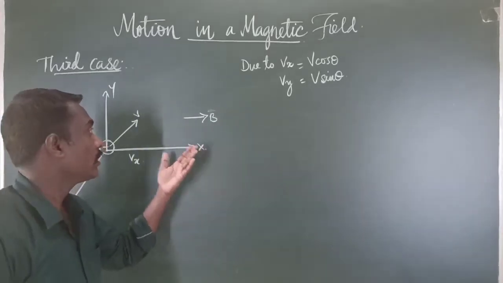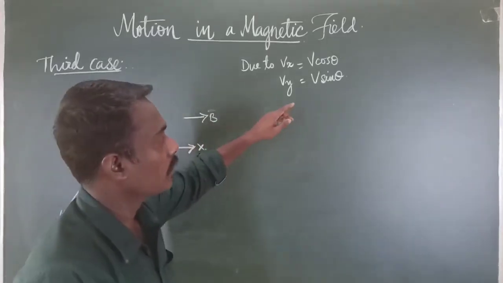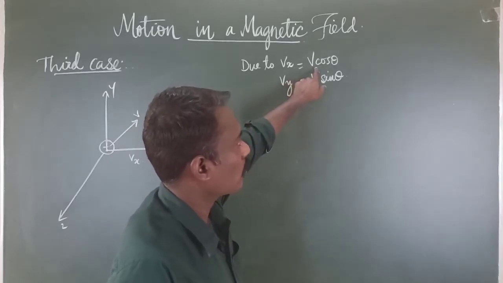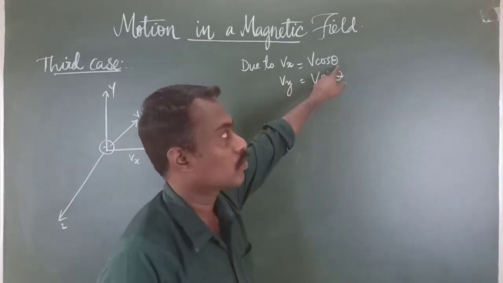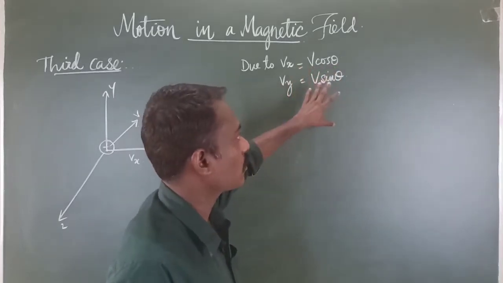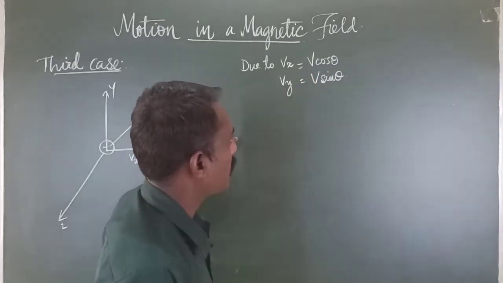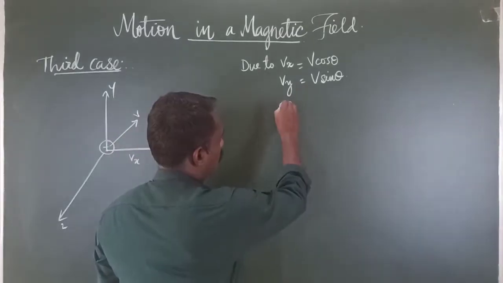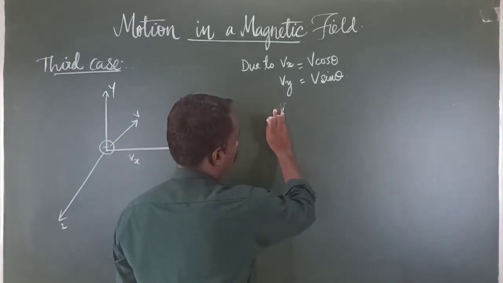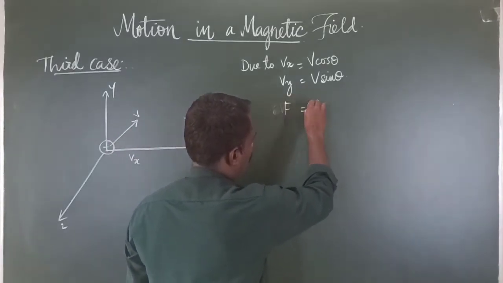In the previous cases we have already seen that the force exerted on the moving charge along the direction of the magnetic field is always 0. So for the Vx component, the value of F is equal to 0.